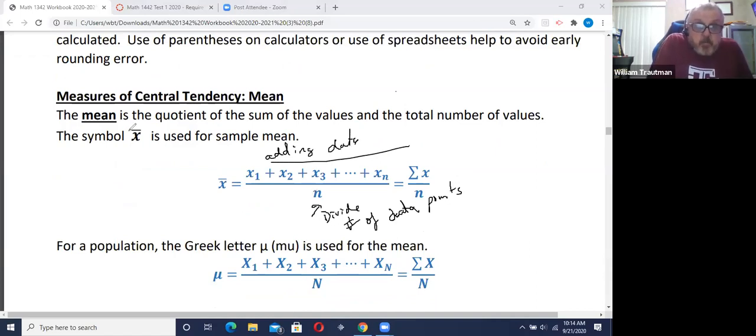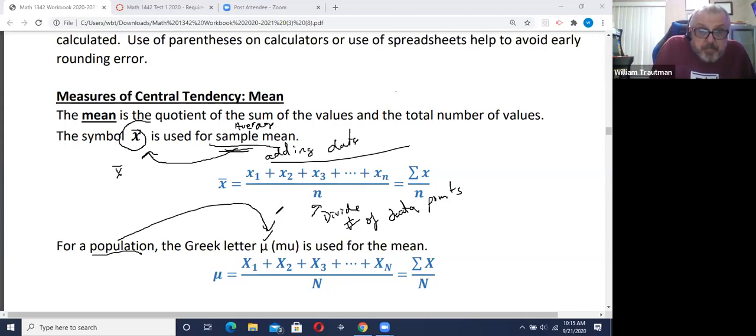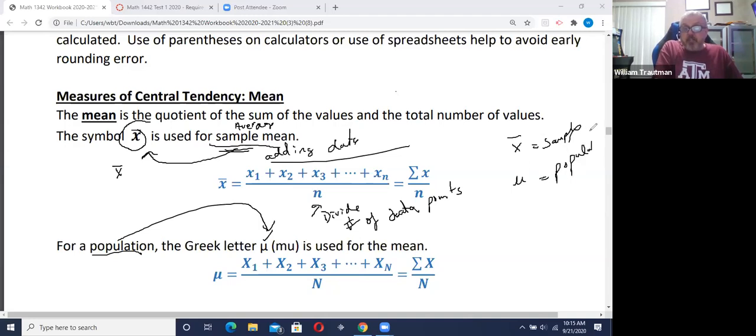This is the symbol, and we need to know the difference here. This is the symbol for sample average, sample mean. We say mean, but average is the same thing. X bar is sample average. The Greek letter mu is population average, population mean, okay? So make sure we know the difference. These are both averages. This is for a sample average, and this is for the population average.